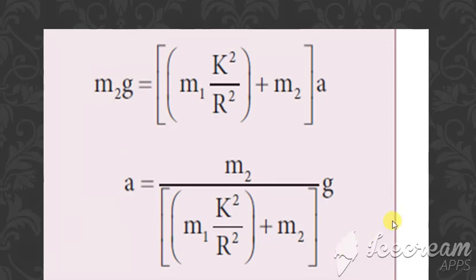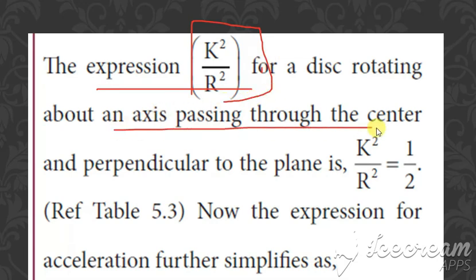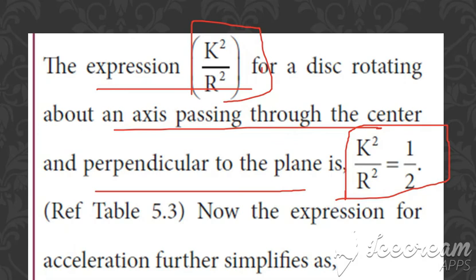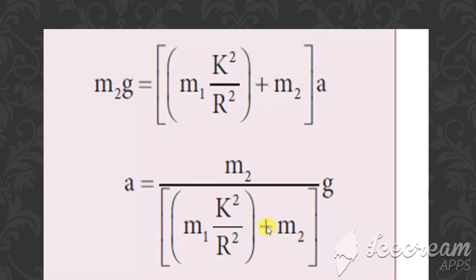In this, what we are going to do is substitute k square by r square, because this is the expression for the radius of gyration passing through the center perpendicular to the plane. The value is K square by r square is equal to 1 by 2. So if we put 1 by 2 in place of k square by r square, what happens? In this equation we are substituting k square by r square as 1 by 2.